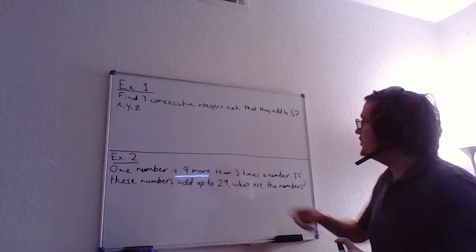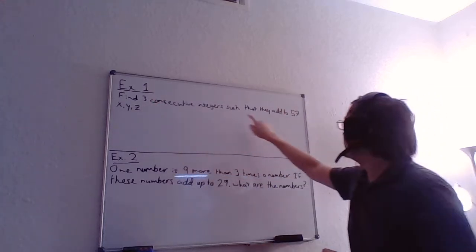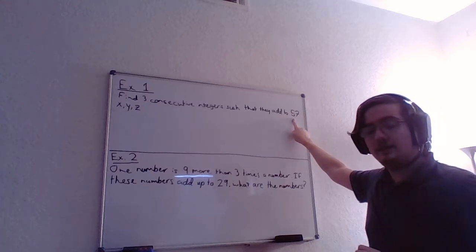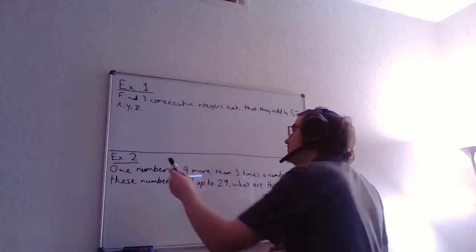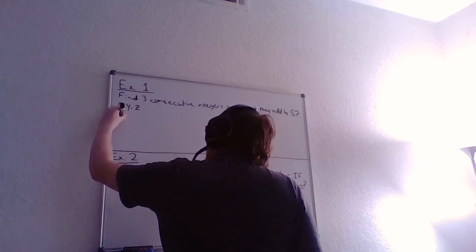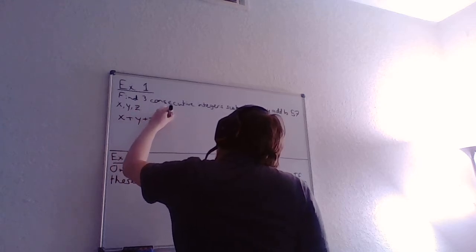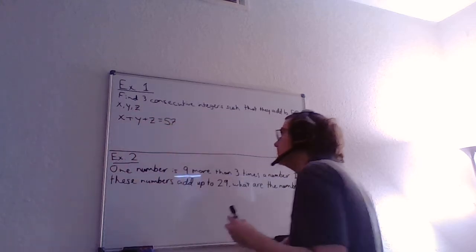Now we want to sum these three integers so that they add to 57. So we're going to have x plus y plus z equals 57. That's the first equation.